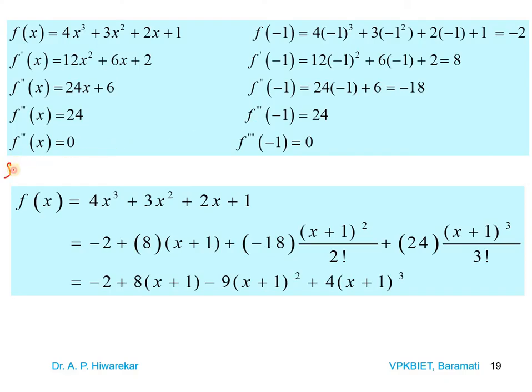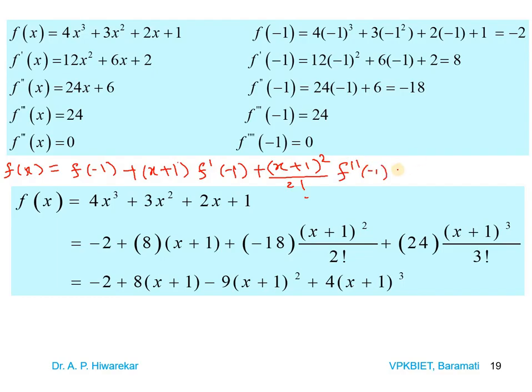Formula is f of x is equal to f of minus 1 plus (x plus 1) into f dash of minus 1 plus (x plus 1) square divided by 2 factorial into f double dash of minus 1 plus (x plus 1) cube divided by 3 factorial into f triple dash at minus 1 and so on.